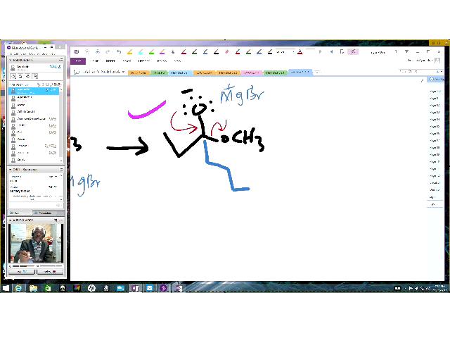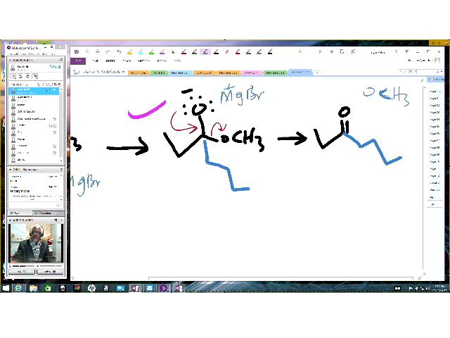Now this ketone is formed, and in so doing, we have lost the methoxy group right here.